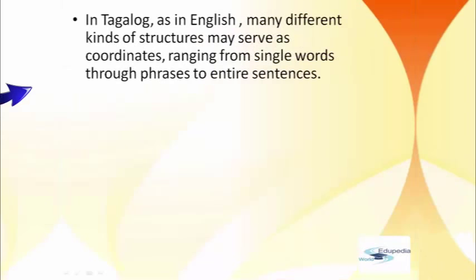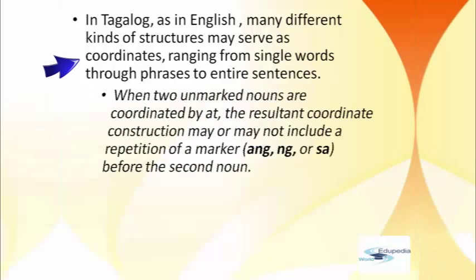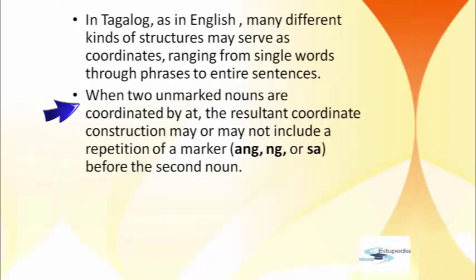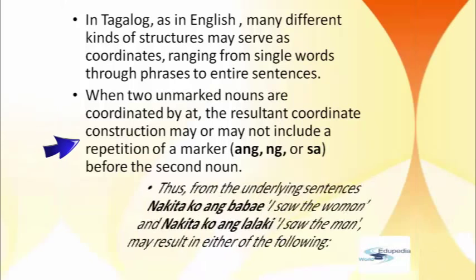In Tagalog, as in English, many different kinds of structures may serve as coordinates, ranging from single words to phrases to entire sentences. When two unmarked nouns are coordinated by at, the resultant coordinate construction may or may not include a repetition of a marker, ang, nang, or sa, before the second noun.